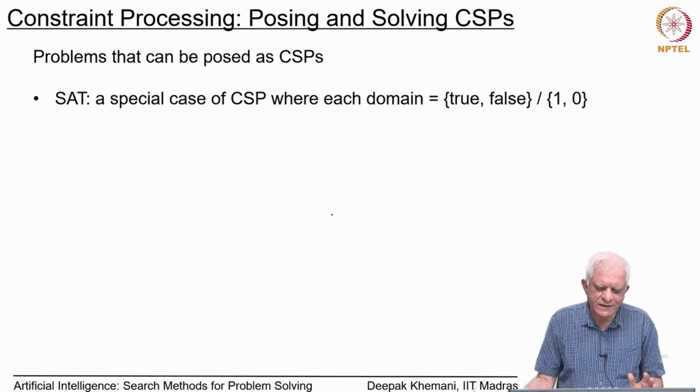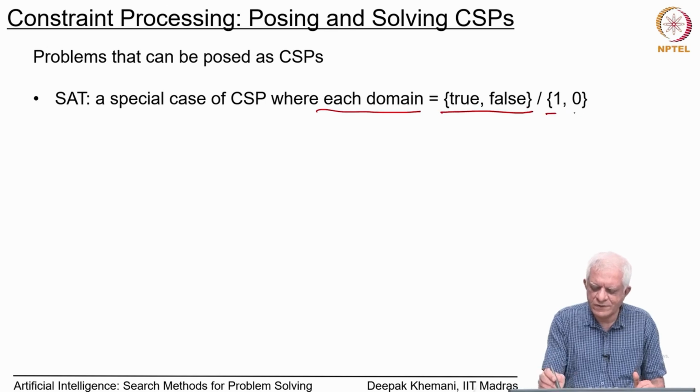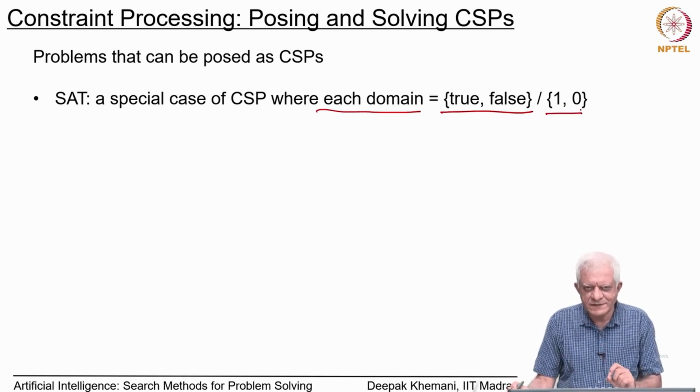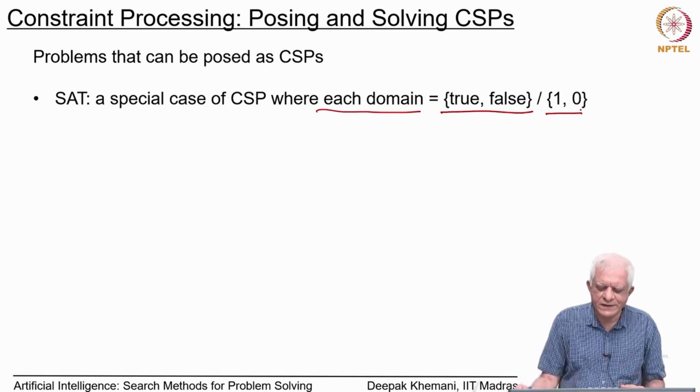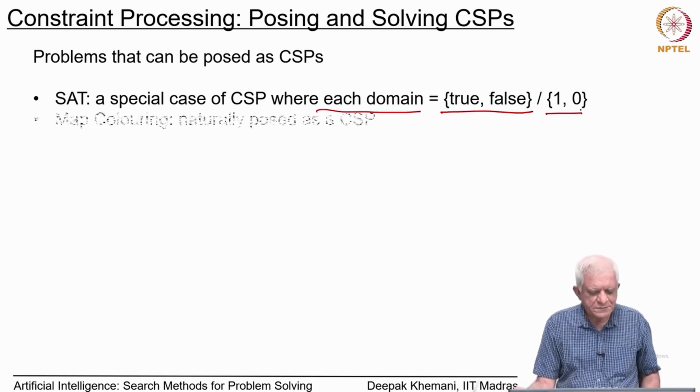We have seen that SAT, we have not seen it here, but if you think about SAT, you can see that SAT is a very special case of constraint satisfaction problems, in which every domain has a value of true or false, or 1 or 0, and the relations are the logical connectives, and we have seen a glimpse of how implication can be expressed as a constraint. So, SAT is a special case of CSP.